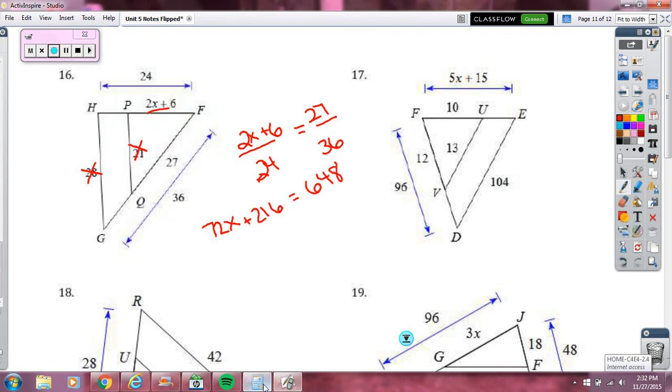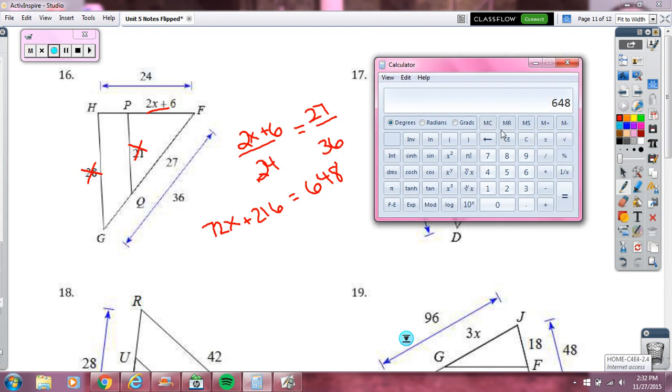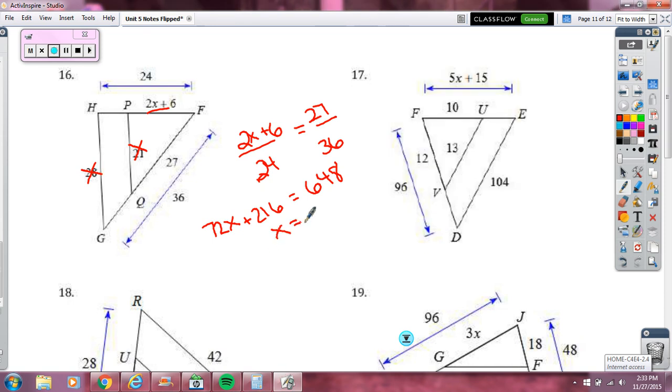Alright, so I'm going to end up having to subtract 216. Whoa. 648 minus 216. And then divide by 72 to get that x equals 6.